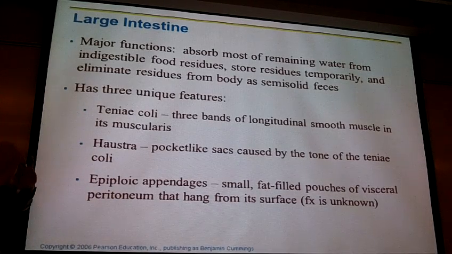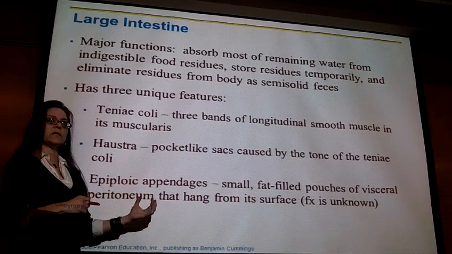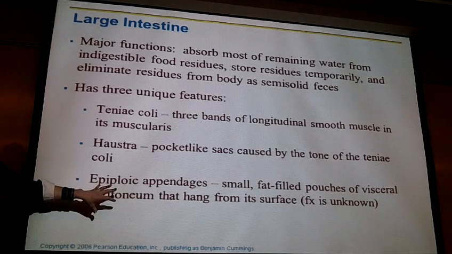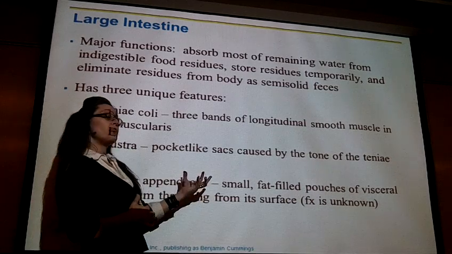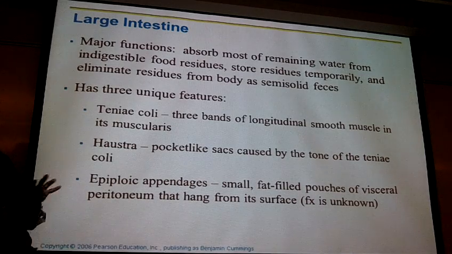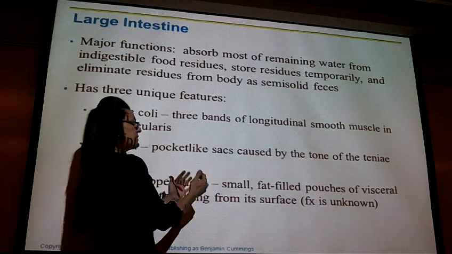And then if you look from the exterior part of the large intestine, you have these appendages that are hanging off. These appendages, they don't really know what they are. They appear to just be fat-filled pouches of the visceral peritoneum, or the connective tissue that's on the outer part of the large intestine. It just kind of hangs off.